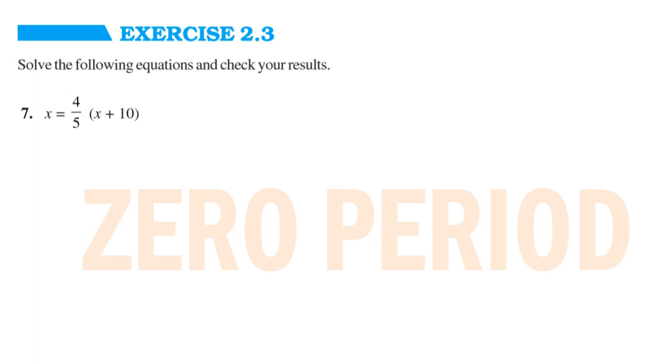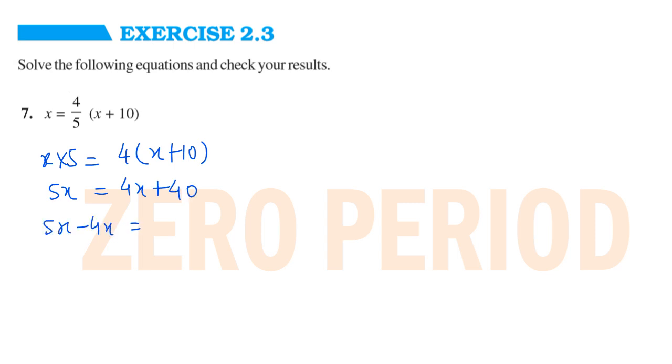I am trying it this way. x into 5 is equal to 4 into bracket x plus 10. So this will be 5x and this will be 4x plus 40. 5x minus 4x is equal to 40. That means x equal to 40. Your answer is 40 only.